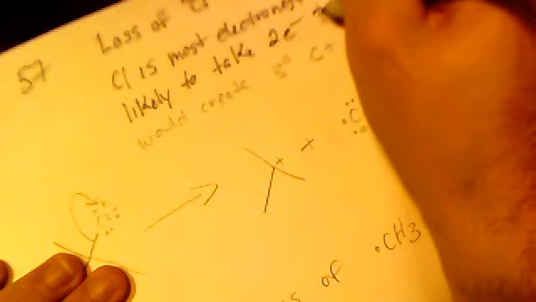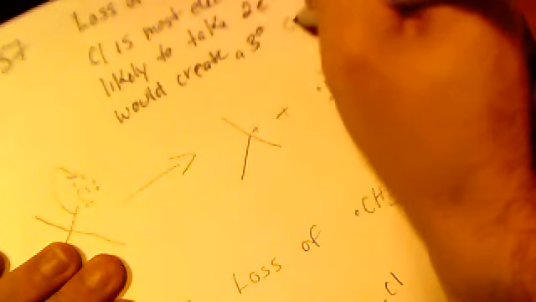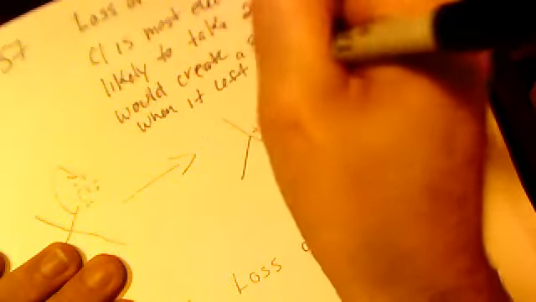So chlorine is most electronegative and likely to take 2 electrons with it, and would create a third degree carbocation when it left, right?